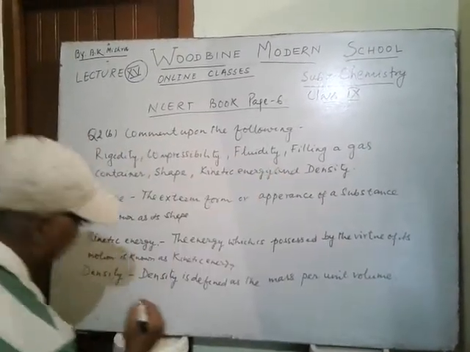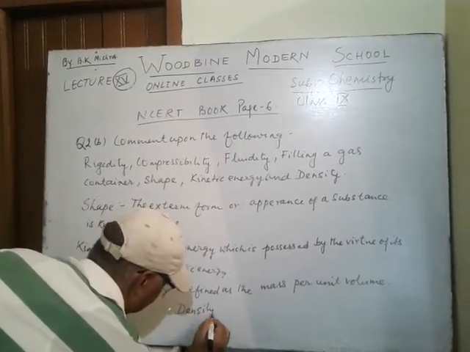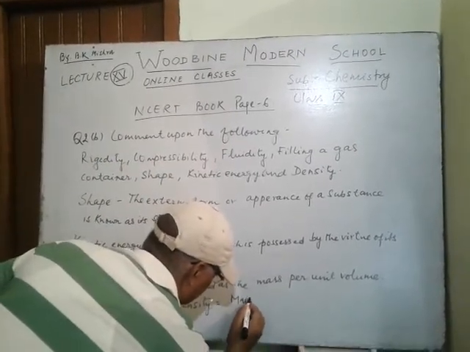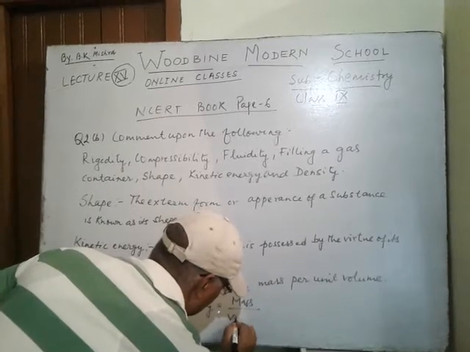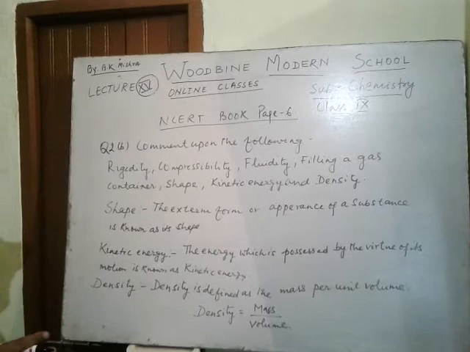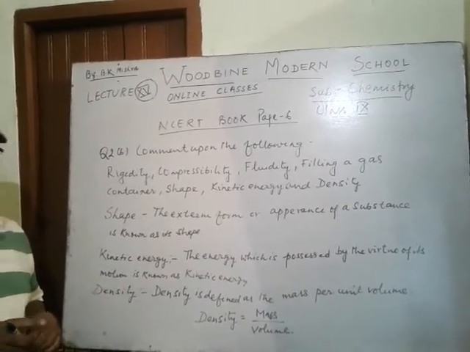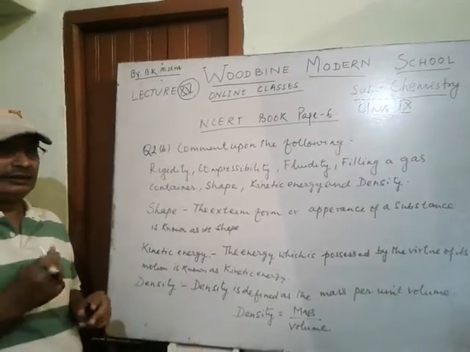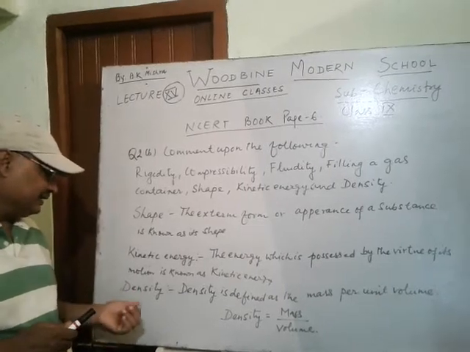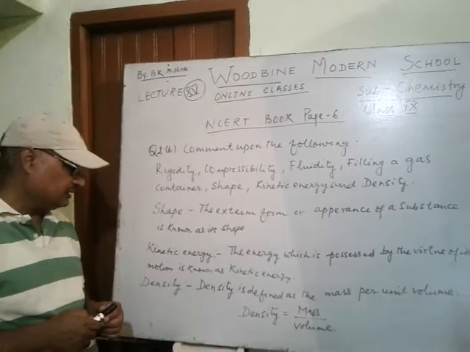That is, density equals mass divided by volume. Now, as we have discussed earlier, the density of solids is maximum, moderate in the case of liquids, and least in the case of gases. So this is all about density.